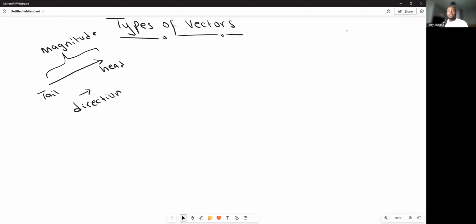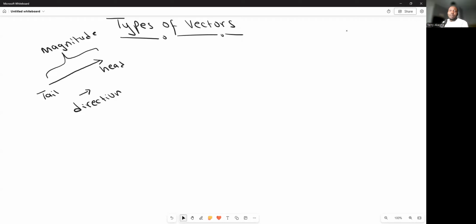Now, in vectors, there are at least about 10 types. Sometimes some textbooks will tell you 15, some will tell you 16, but the ones that are really common, we have at least 10 types, but they are generally divided into two broad types. So we have the position vectors and the free vectors. In some cases, you will hear things like the location vector, all right?